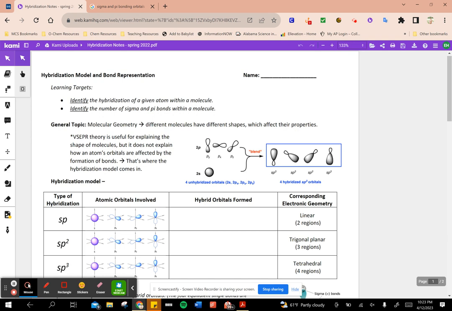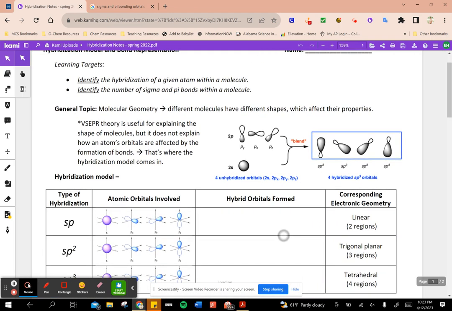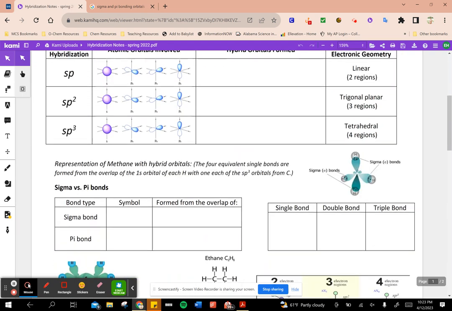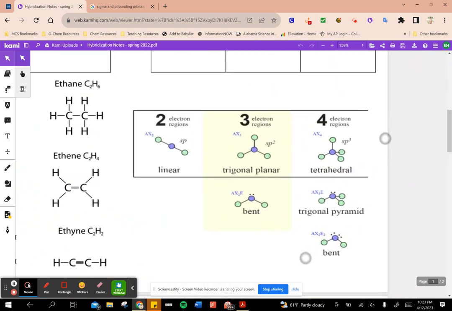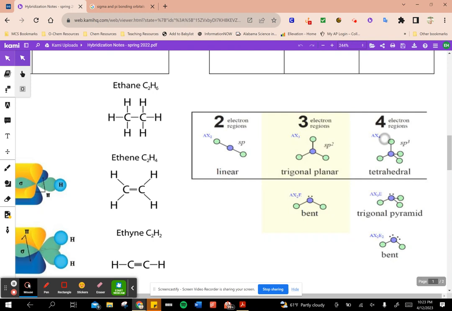Where this topic originates from is that it is essentially one way to view the geometry, or the shaping, of the atoms within a molecule. What you would have learned back in Chemistry 1 was VSEPR theory, which stood for valence shell electron pair repulsion.